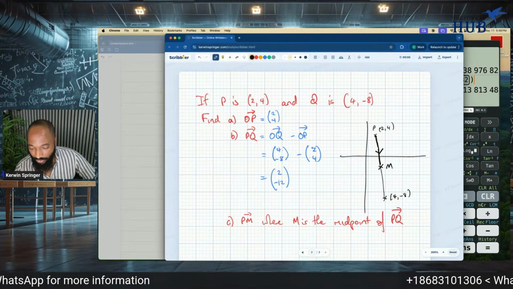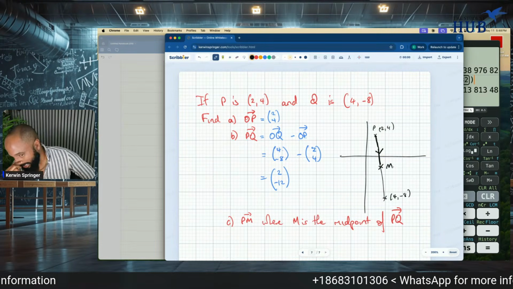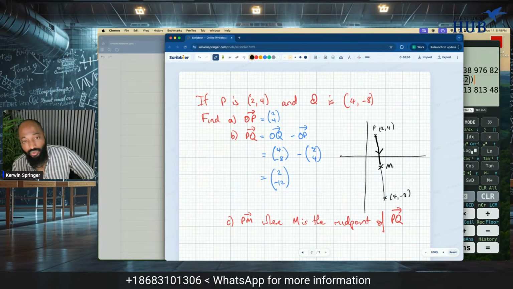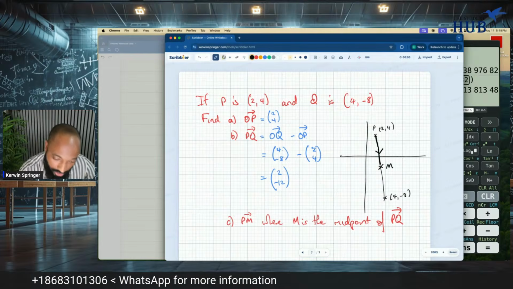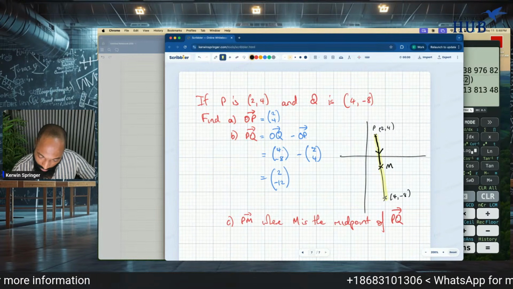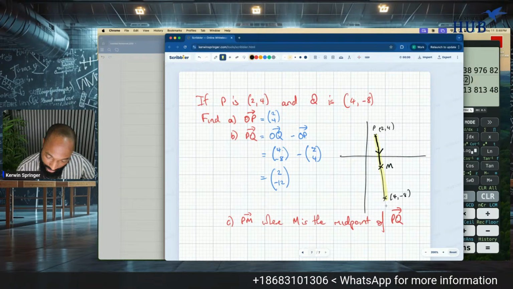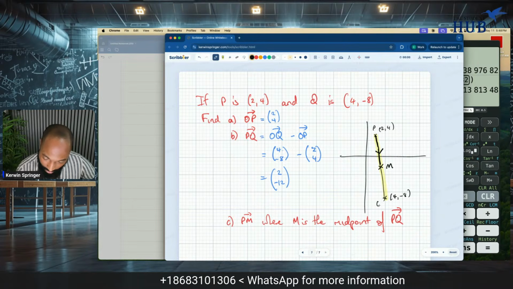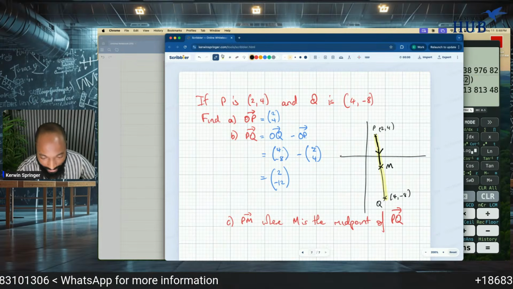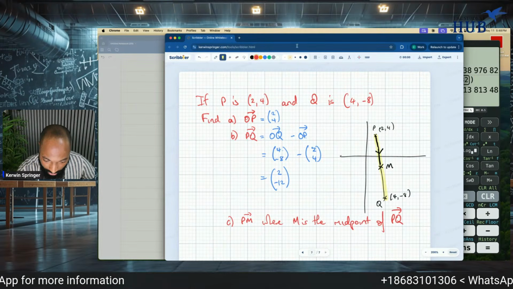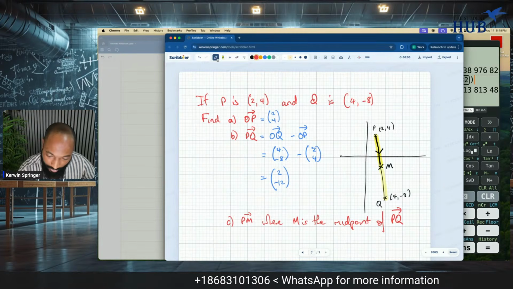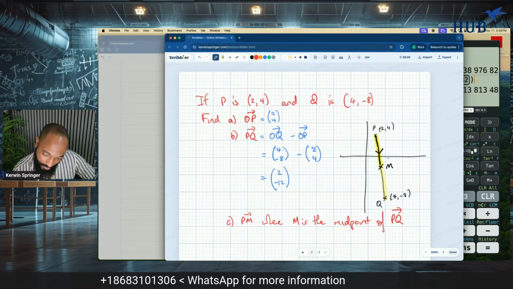So there's a few ways you can visualize what's happening here. If it's just PM and that is the midpoint, you just want half. So this question is easier than it looks. Stay with me. The whole thing highlighted from P to Q is PQ. But what I want here is PM, that half.